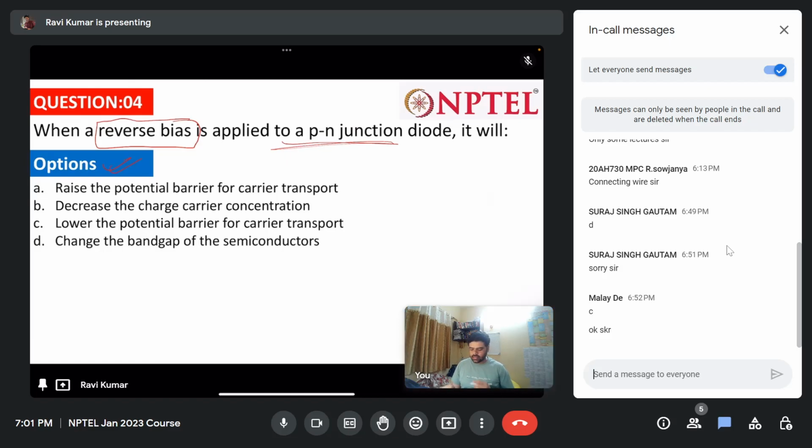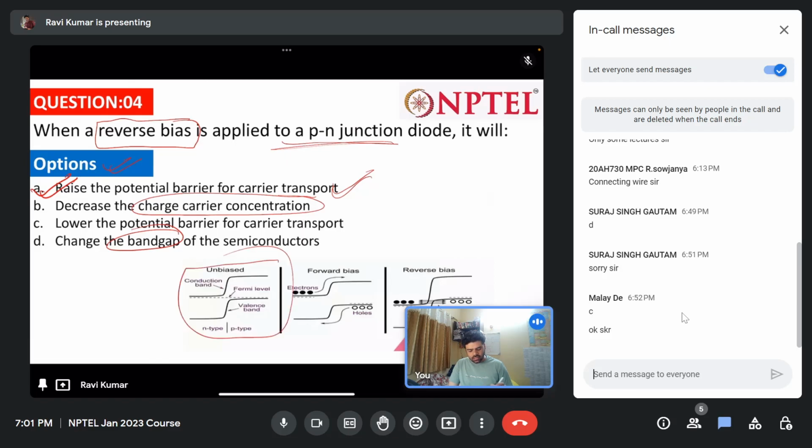Sir, A. Okay, it will raise the potential barrier for carrier transport. So we can easily say band gap does not depend on reverse bias. Concentration does not depend on reverse bias. So will it lower or raise? It will raise. And here you can see this is unbiased and this is reverse bias, so it is raising. So the answer is A.